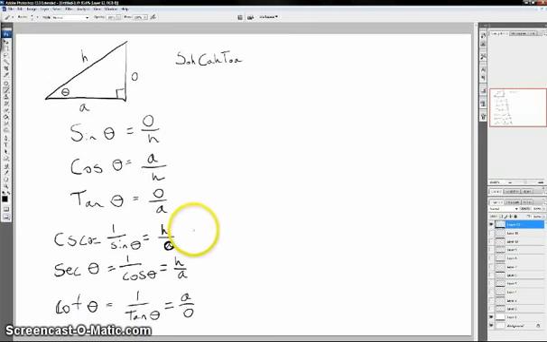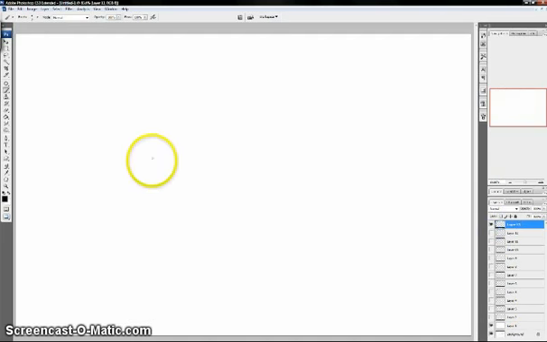So let's look at how this is useful to us. Let's try an example. Let's say we're trying to find the value of all of the trig functions for the angle 135 degrees. Okay, so let's start with sine. We want to find the sine of 135 degrees.